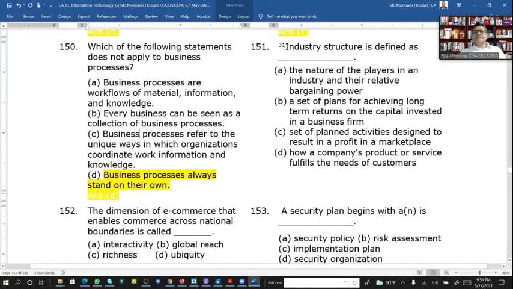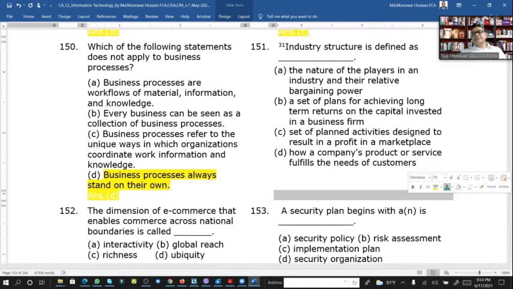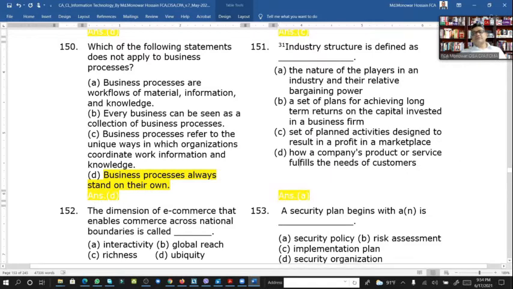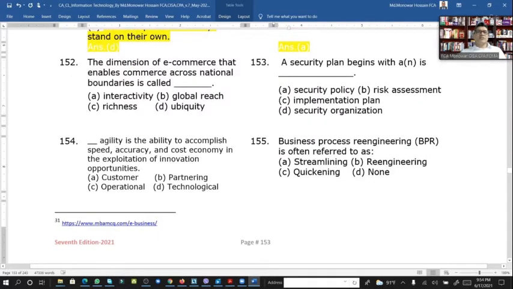Now, industry structure is defined as the nature of the players of an industry and their relative bargaining power. 152.